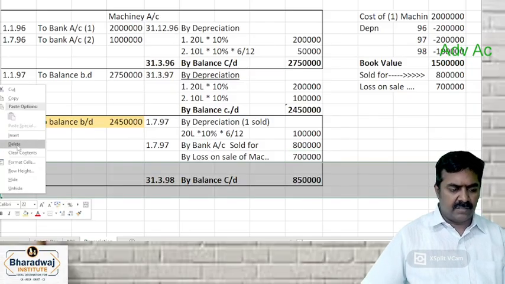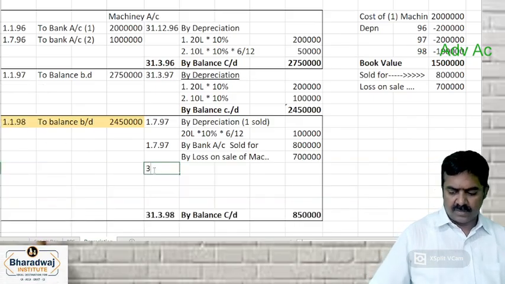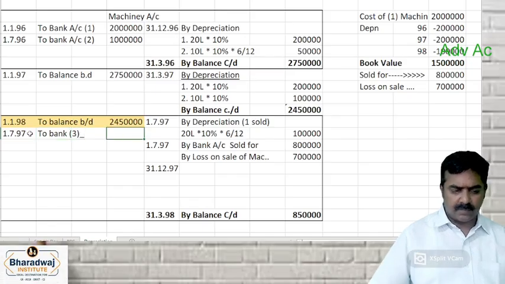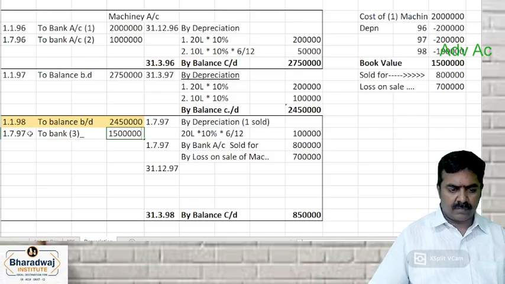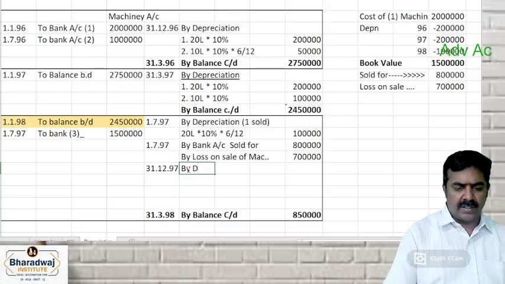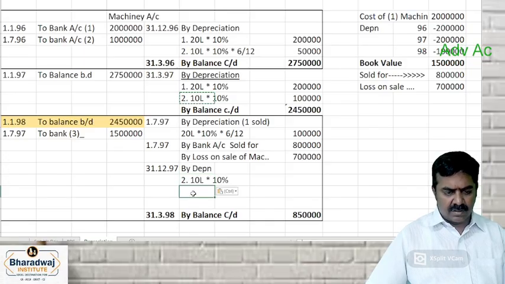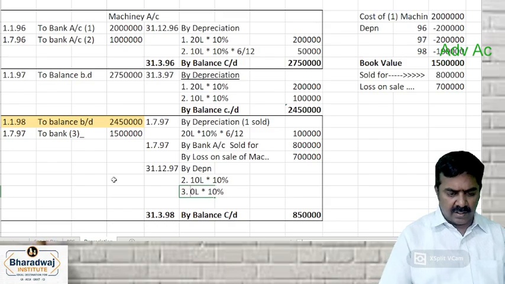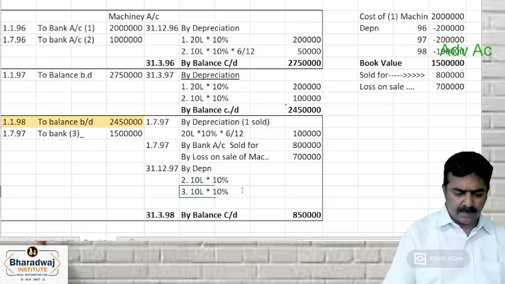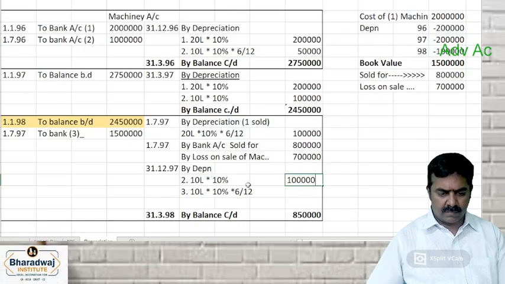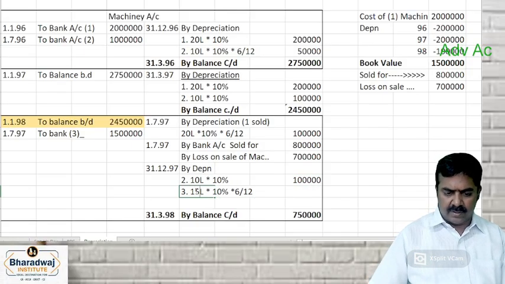Then as usual at the end of the year we have to provide depreciation. On 31/12/97, we are purchasing a new machine. On 1/7/97 to bank, the third machine is purchased for how much? At the end of the year, by depreciation, for the second machine it continues. Third machine 15 lakh into 10% for 6 months.